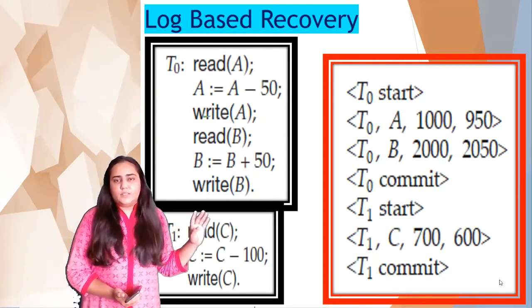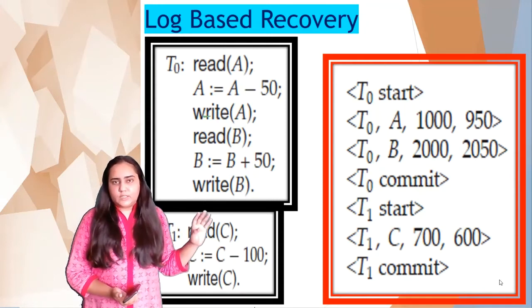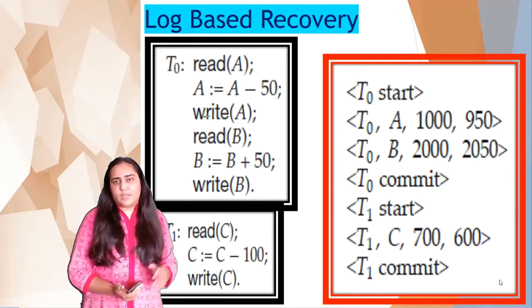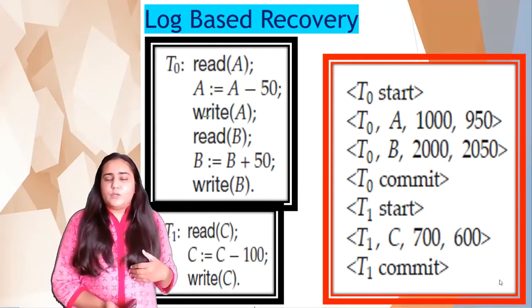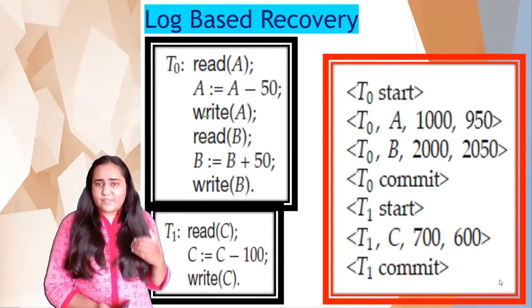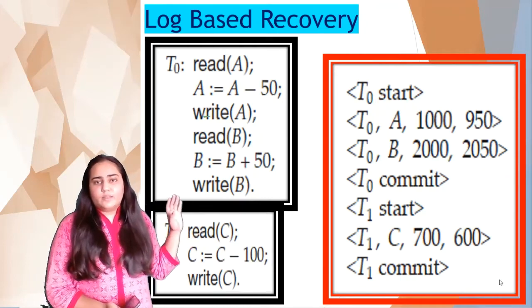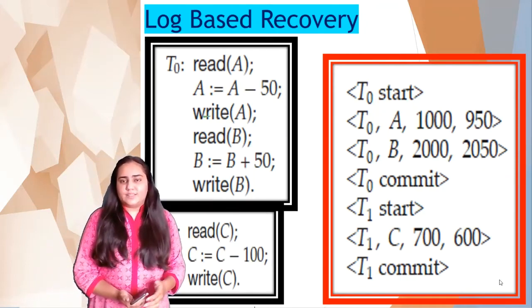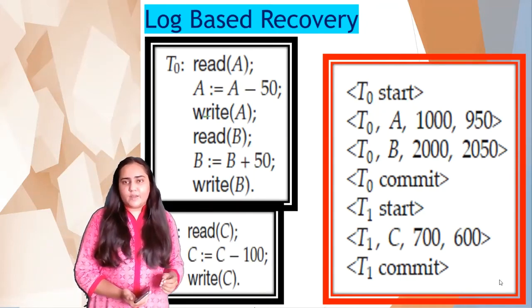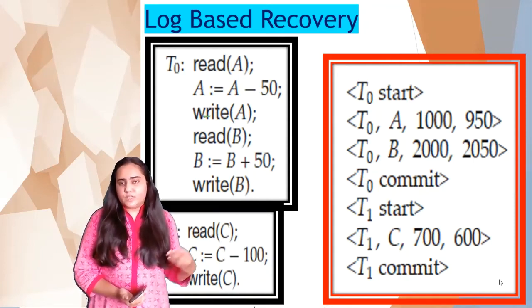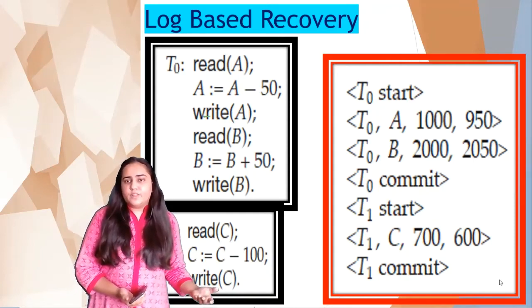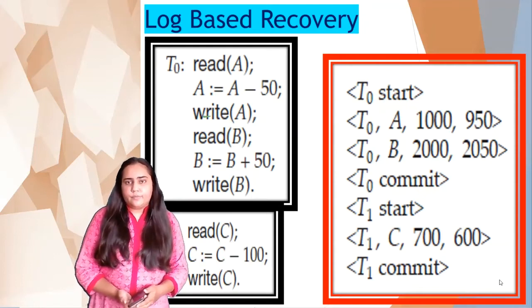Now, you can see what T0 is actually doing. T0 is subtracting 50 from A. Here we assume that the original value of A is 1000. That's why there is an entry in the log that says T0, A, 1000, 950, because 1000 is the old value and 950 is the new value.